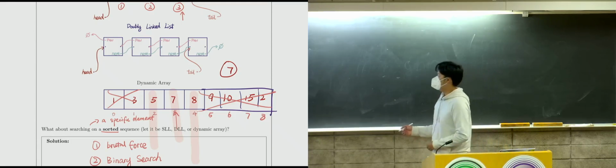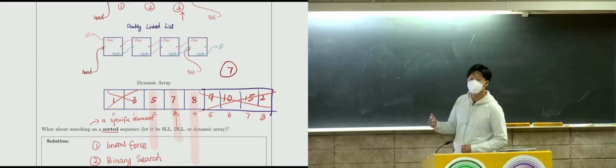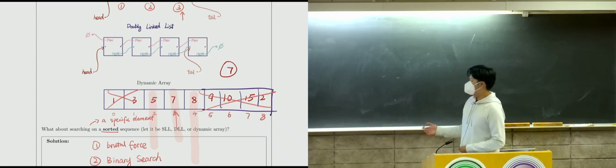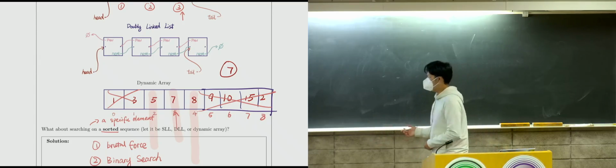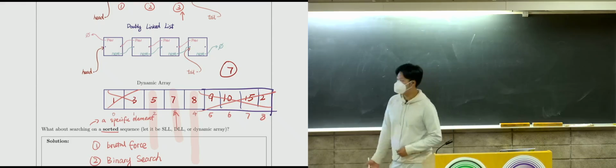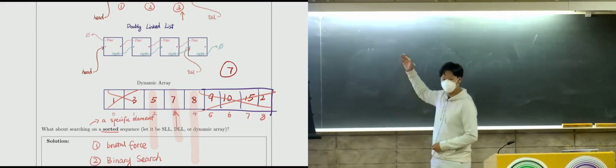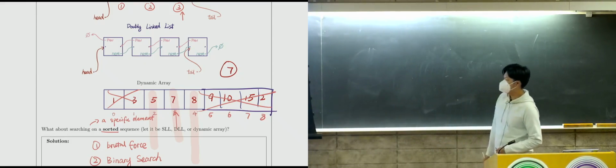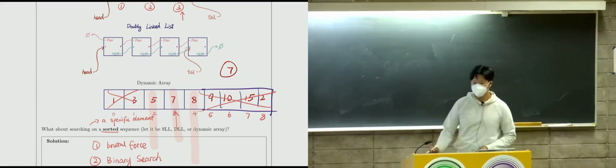Yeah, so we don't have direct access to the middle index. That's the exact problem we have. And that's why when you are sorting something in later PAs, we usually sort it in an array, not in a dynamic data structure. Any questions?